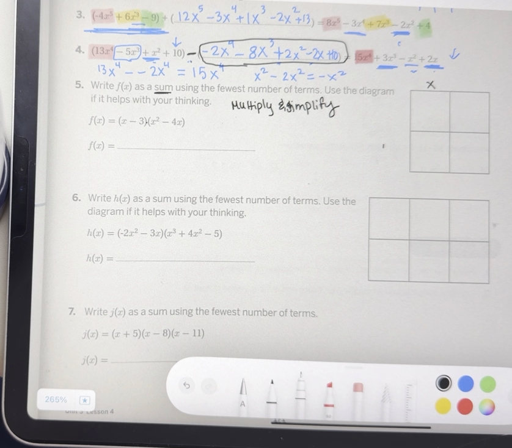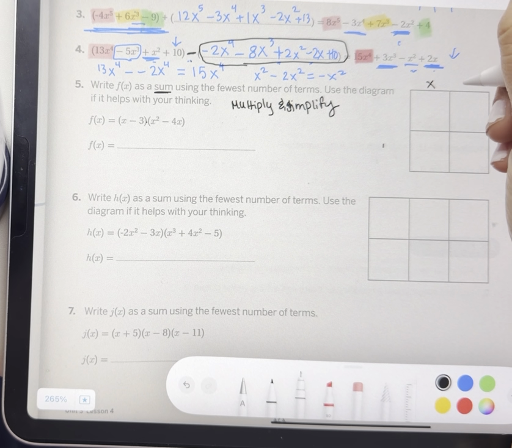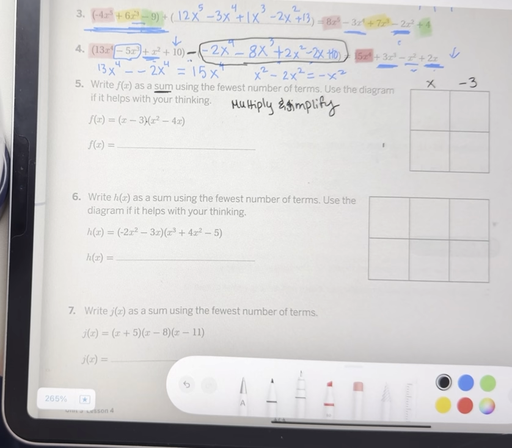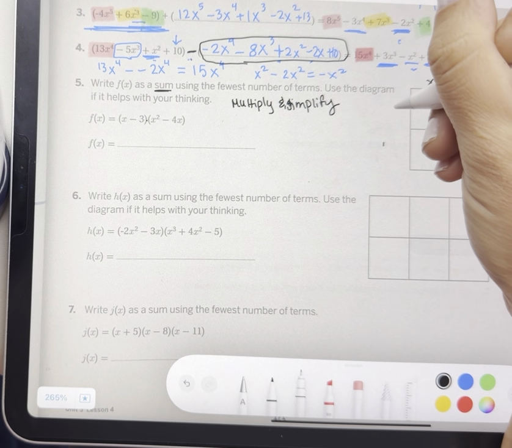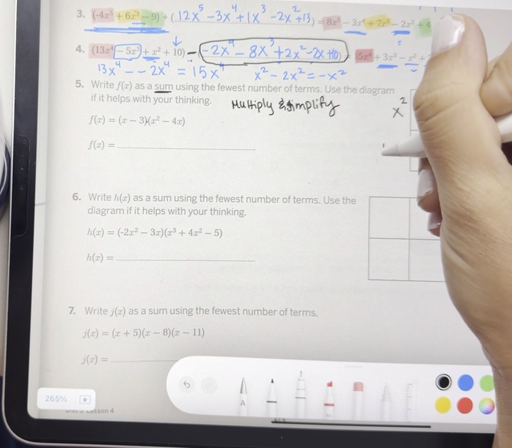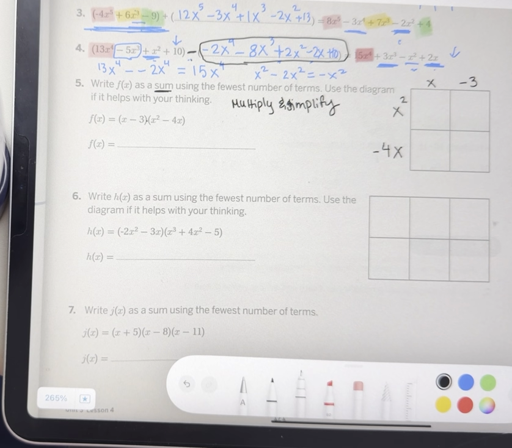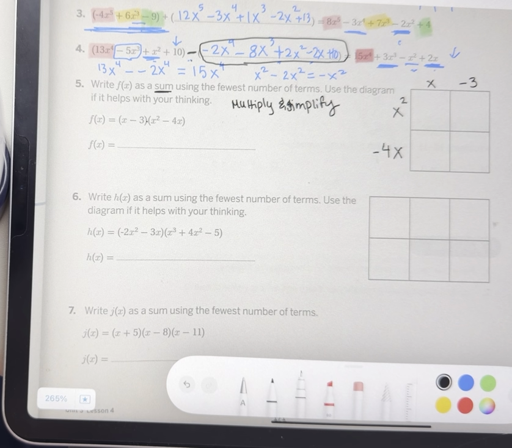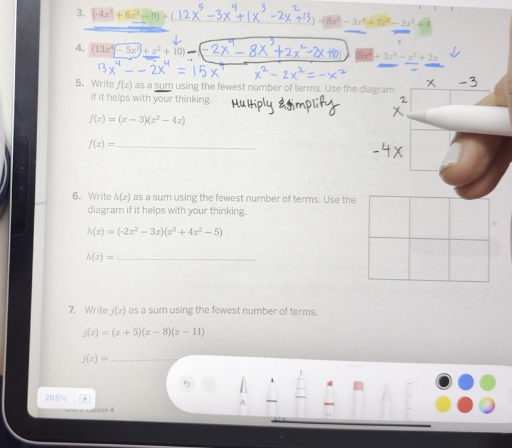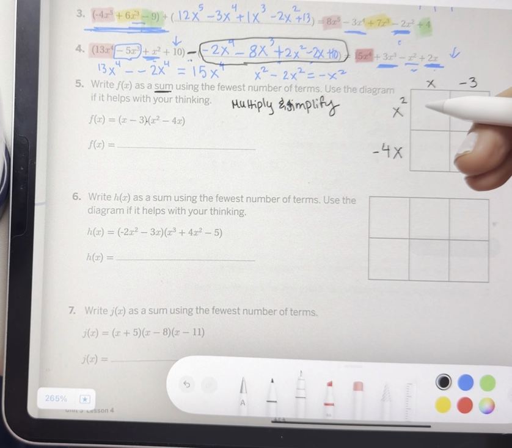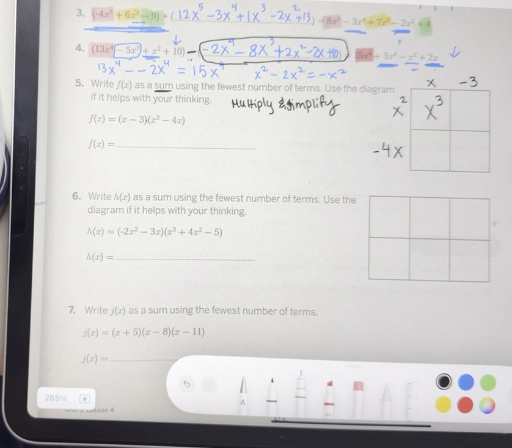So here's what we'll do. We'll take x minus 3 and put it along one side of the box. And then we'll take x squared minus 4x and put it along the other side of the box. Now what you're going to do is multiply the dimensions to get the areas inside the boxes. So x squared times x is x cubed.